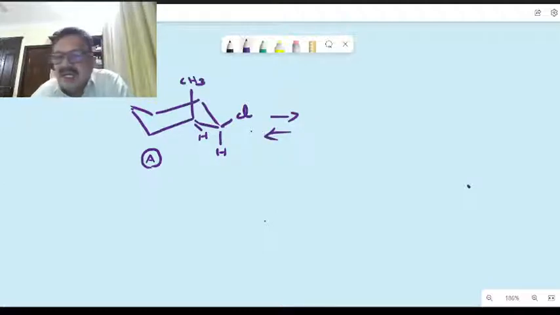Ring flipping will form another conformation here.